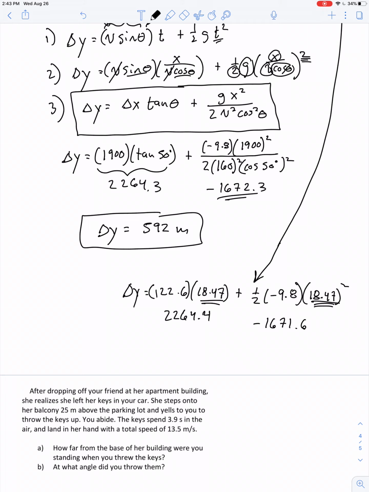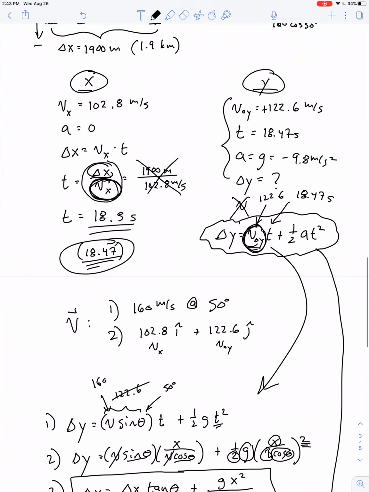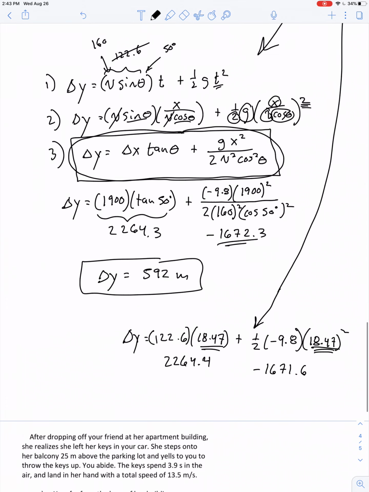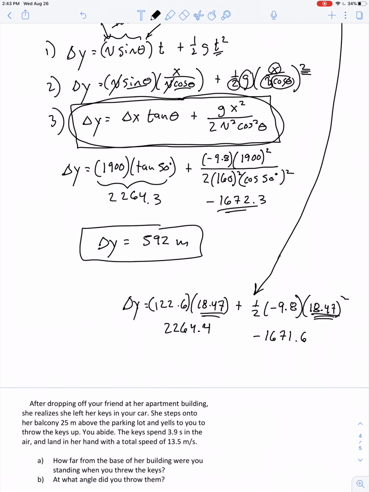So when you take this two-step approach of finding the time as step 1 and then plugging that into this equation as step 2, that intermediate answer has to be rounded off, whereas this approach was all done in one step, and so there are no rounding issues along the way. So the answer very nearly agrees. Certainly to 3 sig figs, we're going to get the same answer, 592 either way.